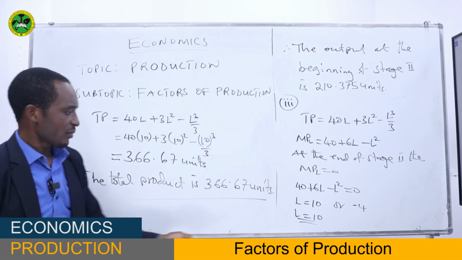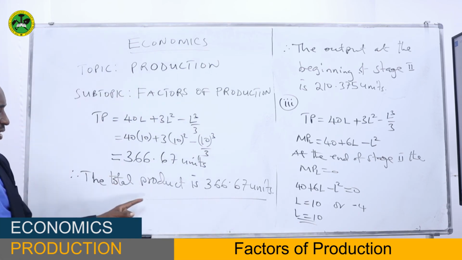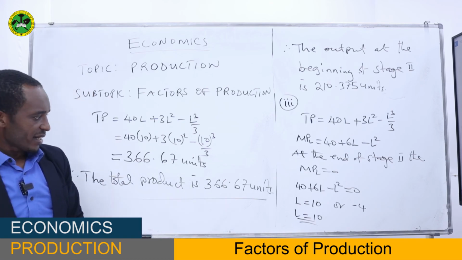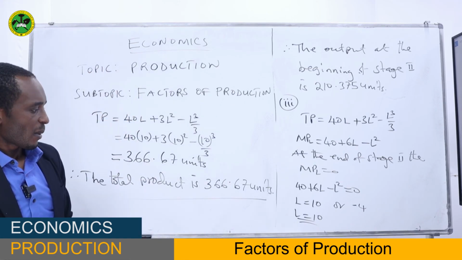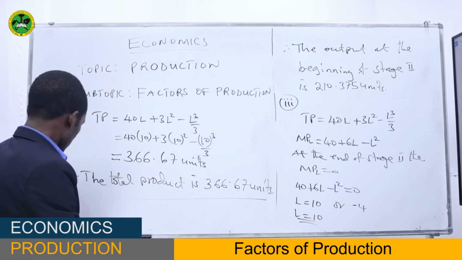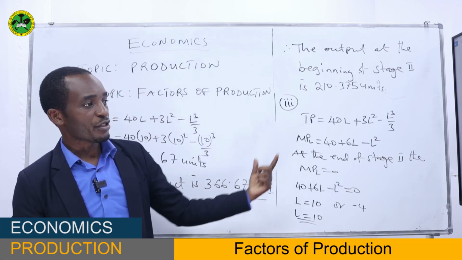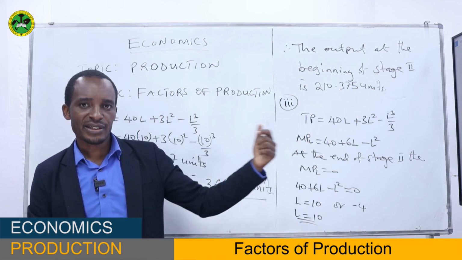So the number of labor will be 10, and the corresponding output will be 366.67 units. So this is how you can solve the problem by using the concept of stages of production as discussed.